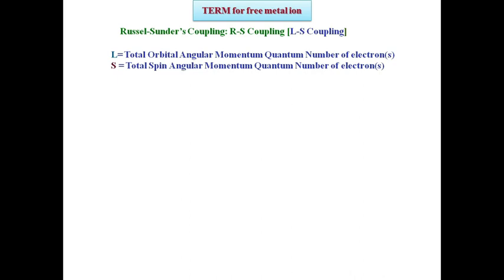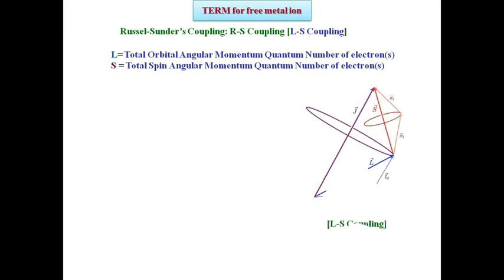Such an LS coupling scheme is shown in the figure, where orbital angular momentum, shown in blue, and spin angular momentum, shown in red, are coupled with each other and form the resultant total angular momentum J, shown in violet. This is the spin orbit coupling scheme.